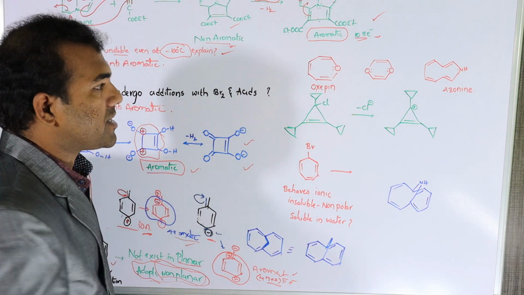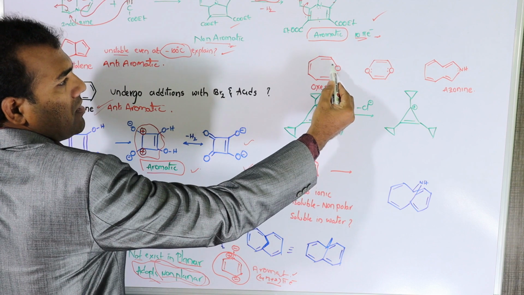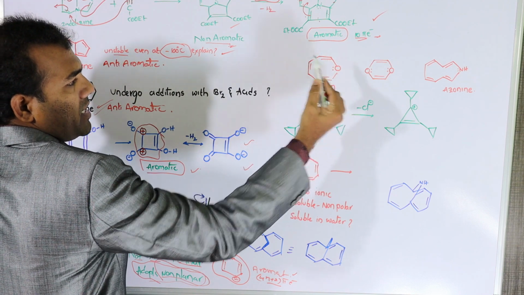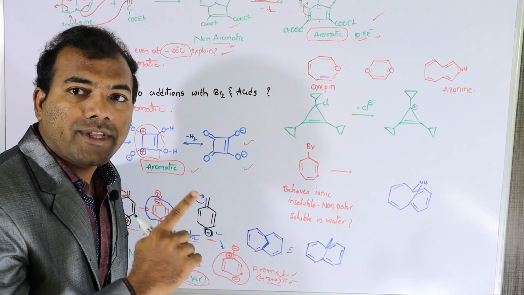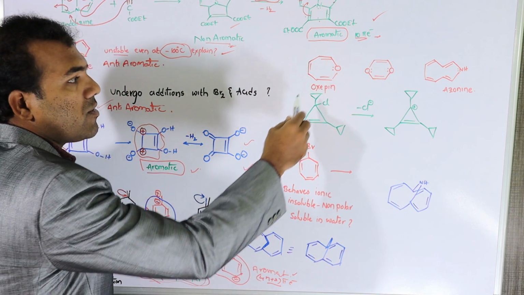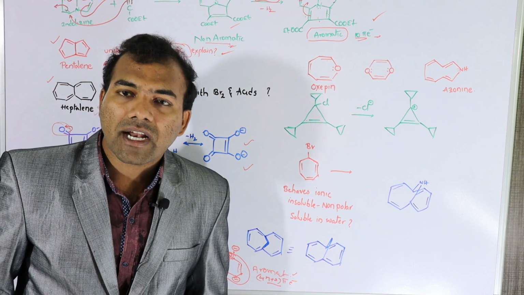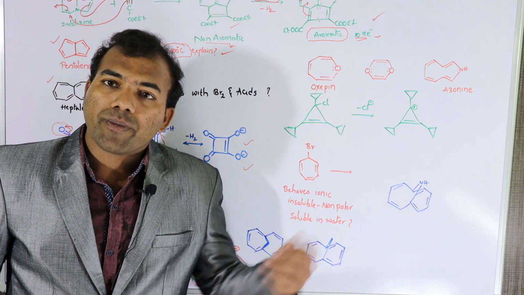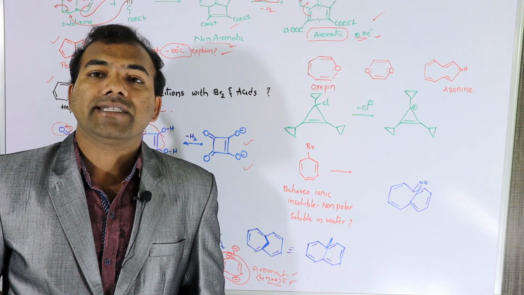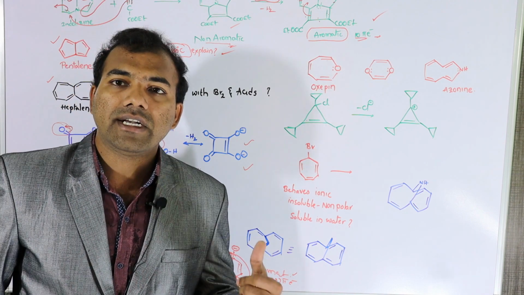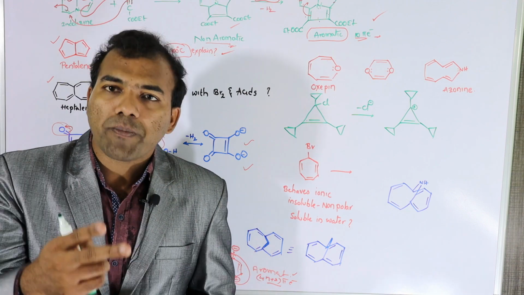If you see the structure, there are 1, 2, 3 pi bonds and also 1 electron pair on the oxygen atom. Okay, then totally there are 8 pi electrons. Even though they are conjugated pi electrons, it is an anti-aromatic compound because it is not satisfying the 4n plus 2 pi electron rule.